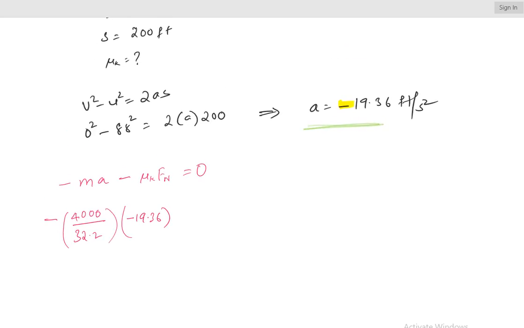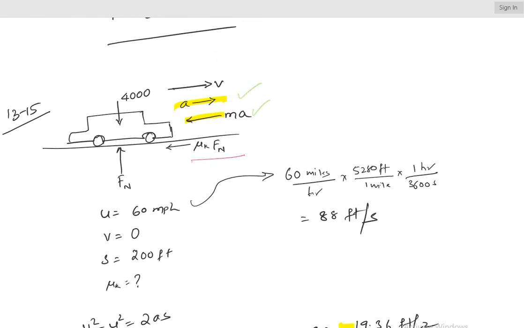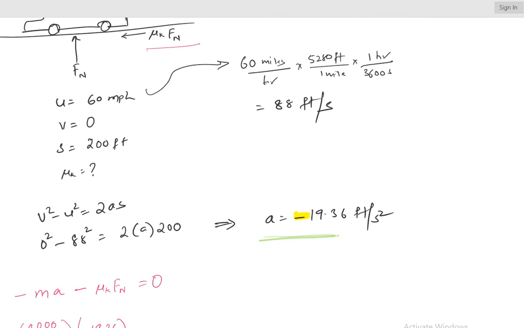Now, like I said, if this is my assumption, if acceleration is this way to the right and ma is going to the left, I can keep it like that in my equation and continue to use negative value for acceleration.